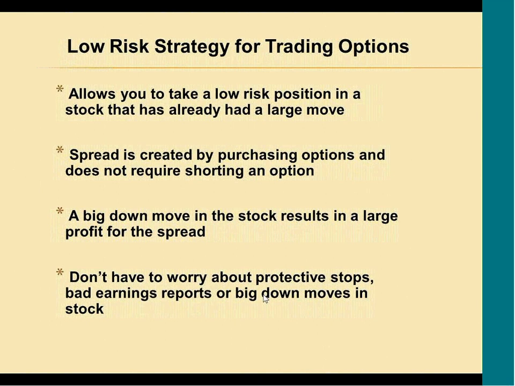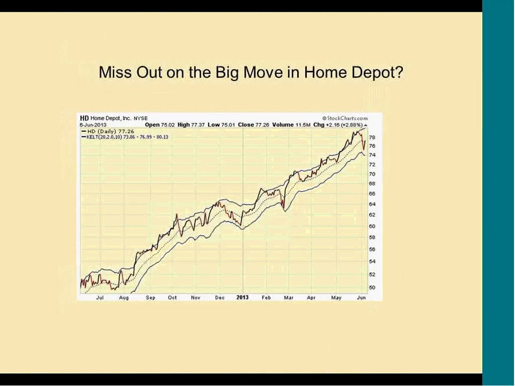So what is the trade? This is a copy of my broker confirmations here, and you can see that I purchased the 60 strike call at 18.75, and then also purchased the Home Depot 80 strike put at 3.12.